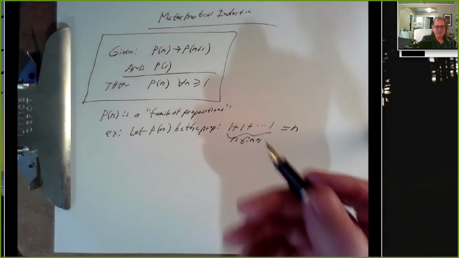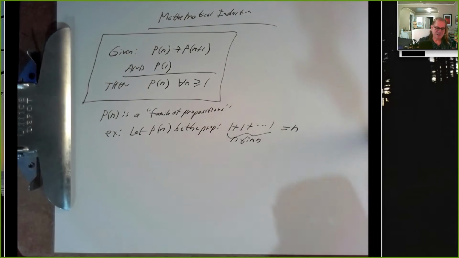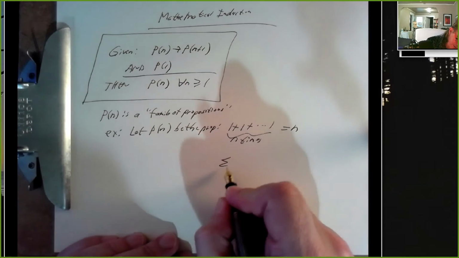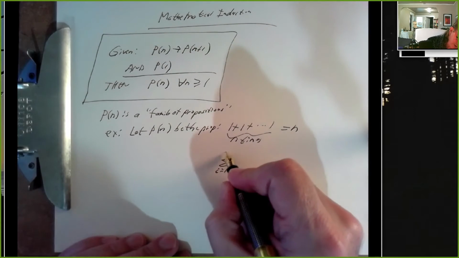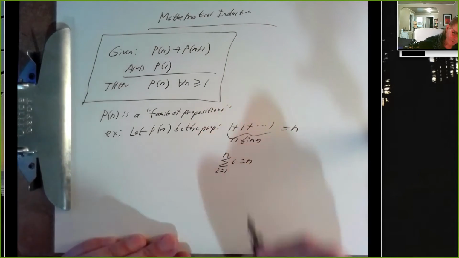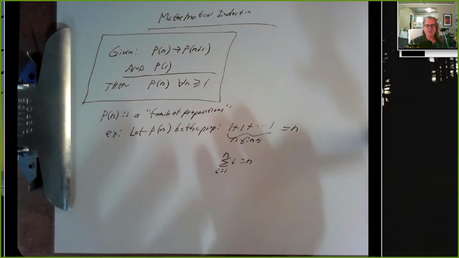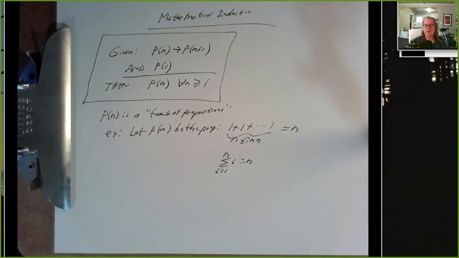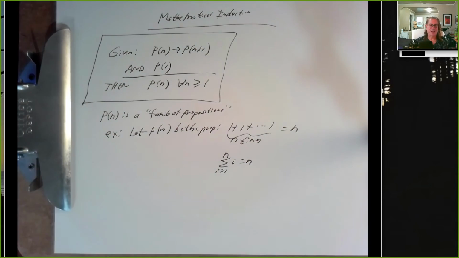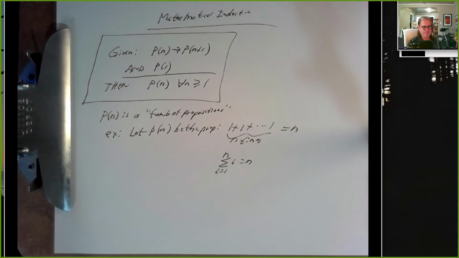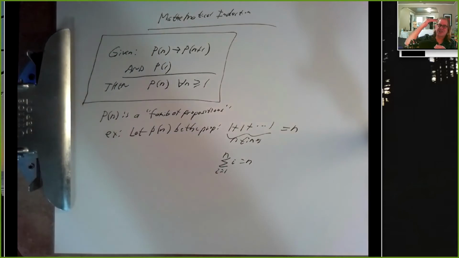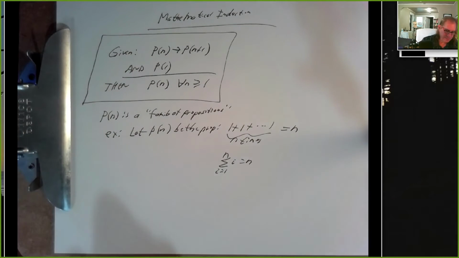And these dot dot dots are sloppy, so if I wanted to write this formally, I would write this as the sum from i equals 1 to n of 1 is equal to n. But I'm using dots because I don't want to get bogged down in math in the examples here. Alright. So P of n is a family of propositions. P of n could be the proposition that you can reach the nth rung of a ladder.